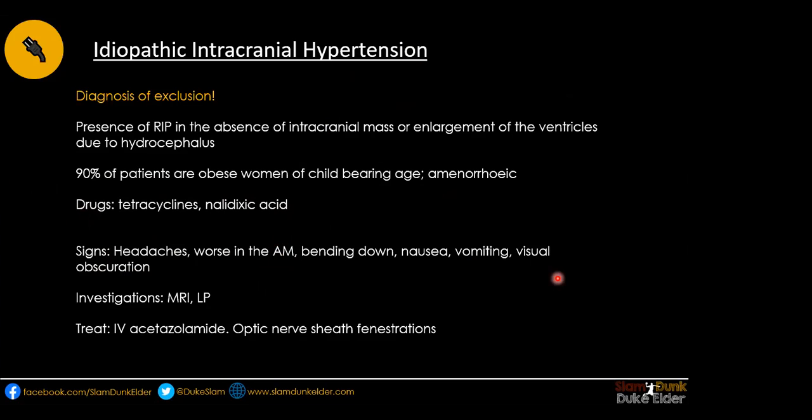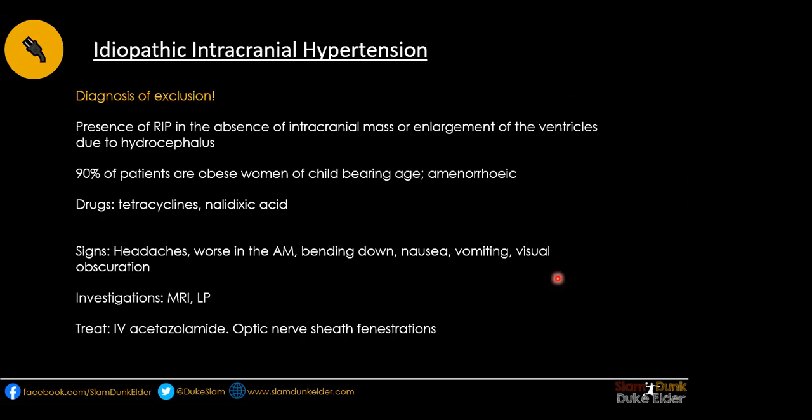And these patients will be investigated with an MRI and a lumbar puncture, and the opening pressure will be above 210. That's just something to remember for exams. And you generally want to treat them with IV acetazolamide, a carbonic anhydrase inhibitor.